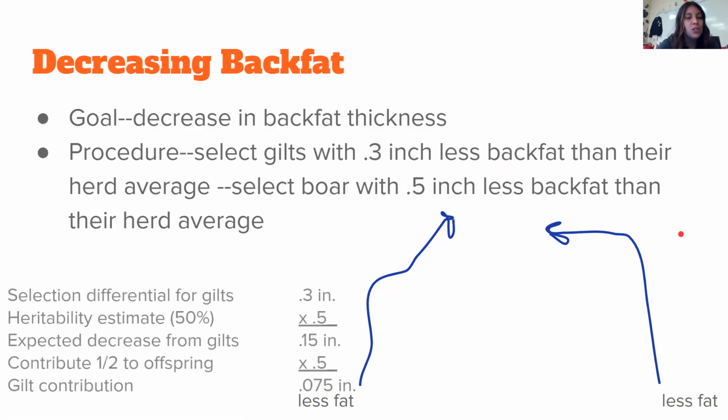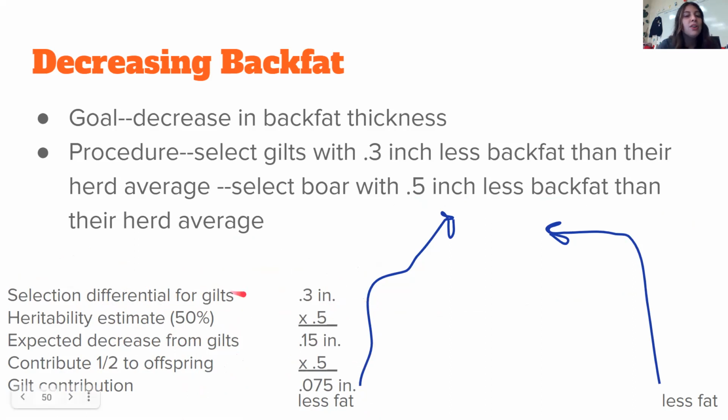So we do this in 2 different parts, I guess 3 technically. We're going to split it up and do the girls, the gilts, and then we're going to do the boars, or the boys. This is what we're going to do for the girls. When you go to solve these problems, you don't have to write all of this out. This is just here to help you understand what we're doing. It's honestly very easy.